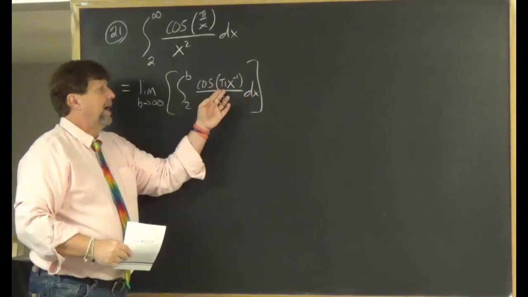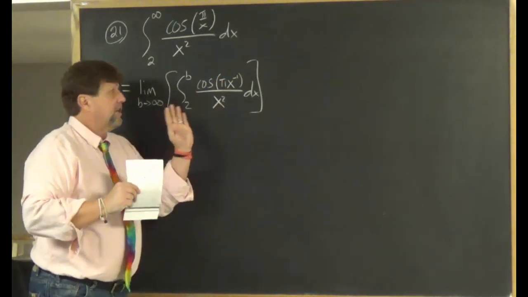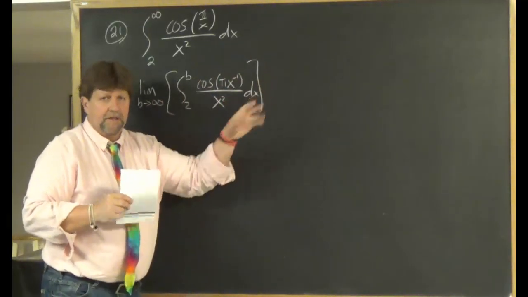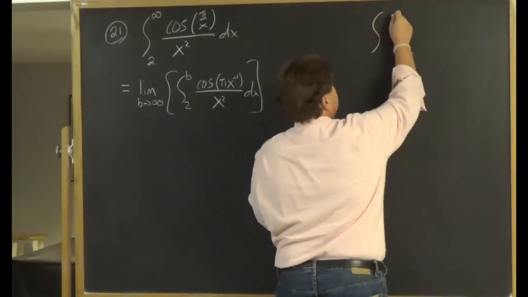for the cosine pi x to the negative 1 all over x squared. I'm going to pull this integral off to the side and work on coming up with an antiderivative.